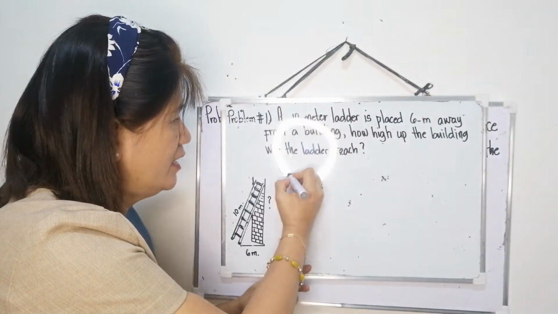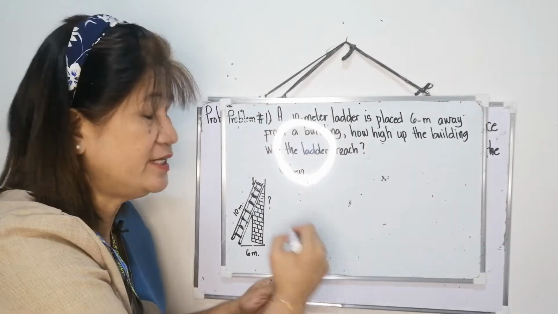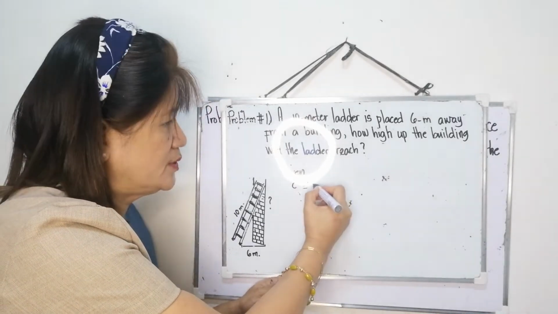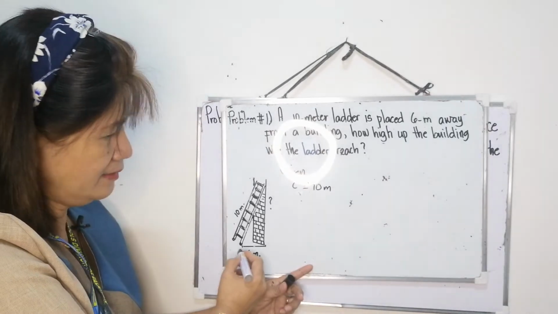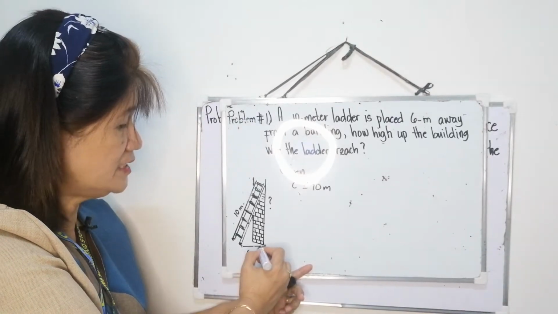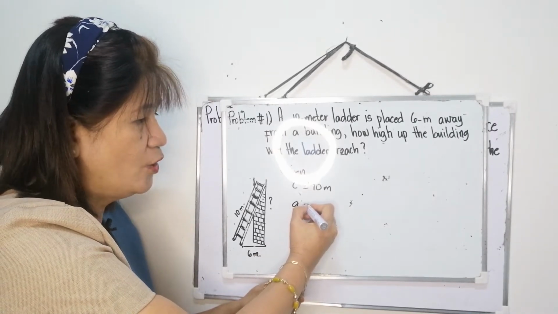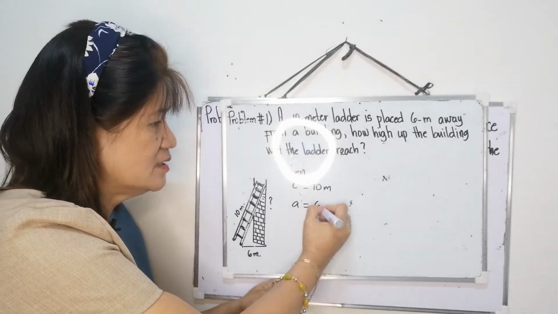Our given here, the ladder that is 10 meters long, that is C, or the hypotenuse. Okay? 10 meters. Then, 6 meters away from the building, that is the shorter, or one of the legs. Okay? So, A or B, pwede, 6 meters.